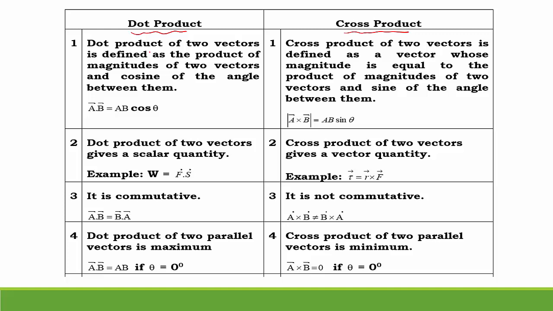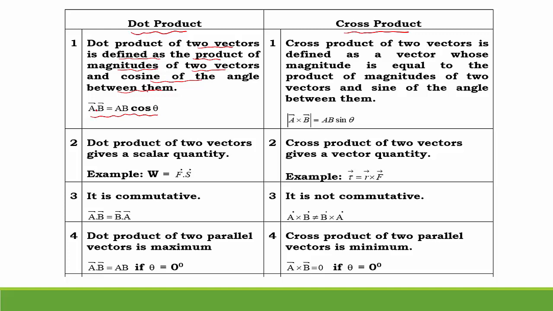The first one: what is a dot product? You can observe the definition we already studied. Dot product of two vectors is defined as the product of the magnitudes of the two vectors and the cosine of the angle between them. That is, vector A dot vector B is equal to AB cos theta.